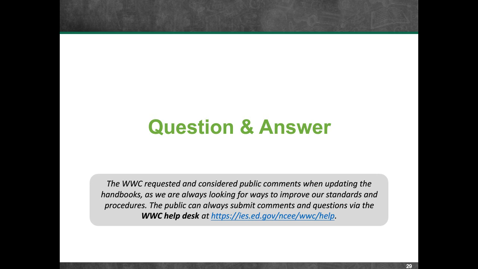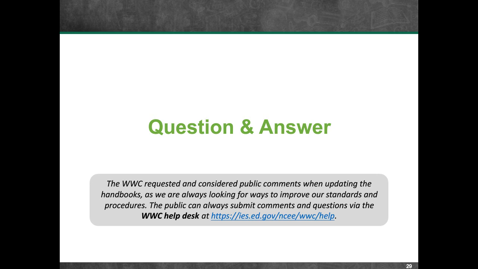But if you go to the What Works Clearinghouse website, and go to the Find Evidence tab, you can find a link to the Reviews of Individual Studies page. That page has a set of pull-down menus that allow you to specify some characteristics of the study that you're searching for, including the study design type.